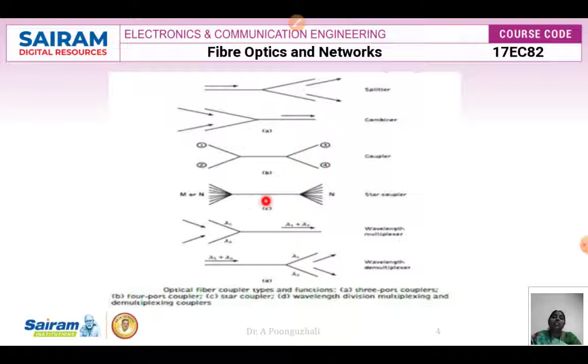I am going to have n fibers on one side and n fibers on the other side. The number of fibers can be the same if both sides are n, or it can be m at one side and n at the other side. When I take the number of fibers, I twist those fibers and have it as a star shape.